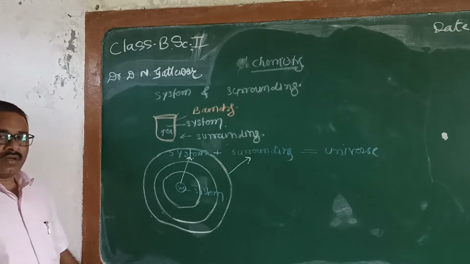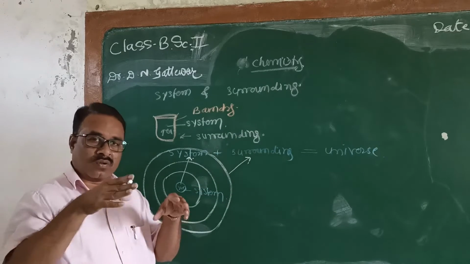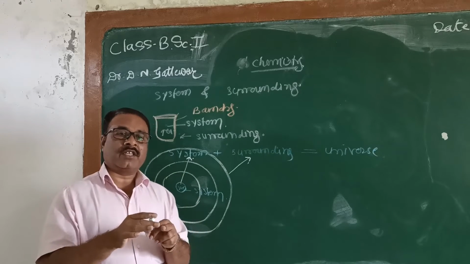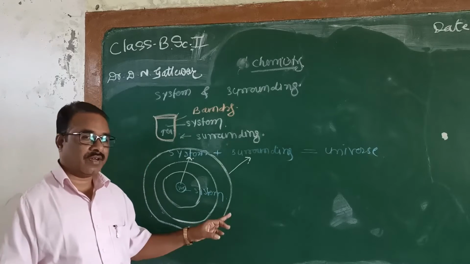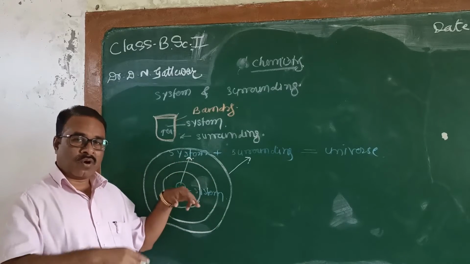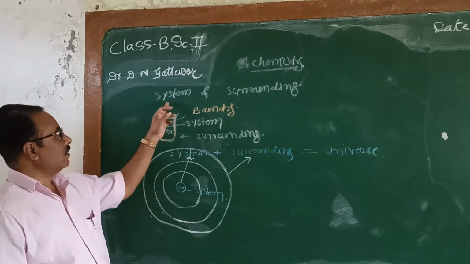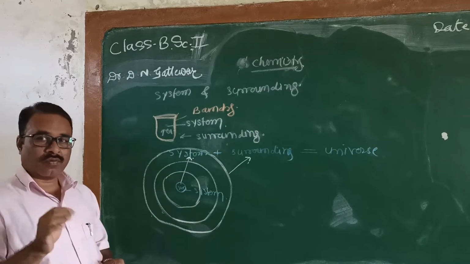Therefore, the part of the universe on which we concentrate for our study is called the system, and whatever space is surrounding that system is called the surrounding. So this is about the system and surrounding.